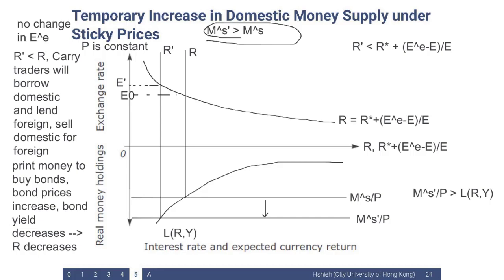So let me write out the economic intuition here. We have: print money to buy bonds. Bond prices increase, and interest rates, bond yield, decrease, which means R decreases.